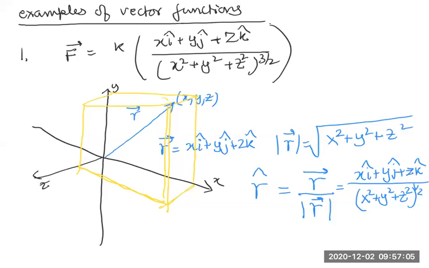Will you agree with this? And if I want to write this in terms of r, then what should I do? ये ऊपर न्यूमरेटर में क्या है? What is there in the numerator?